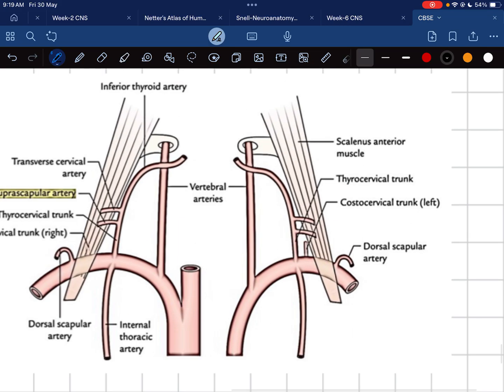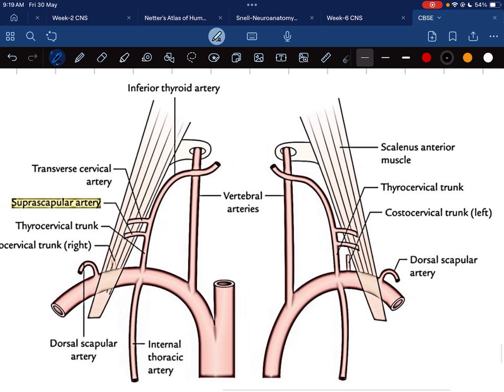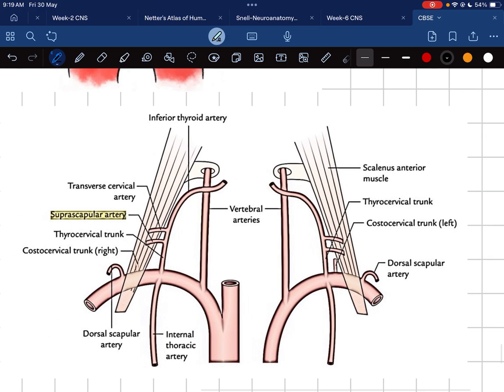When we look at this image, the subclavian artery goes on both sides, and the anterior surface of the cervical pleura stays on the posterior side. There is the cervical pleura, and the first rib is posterior to the scalenus anterior muscle.